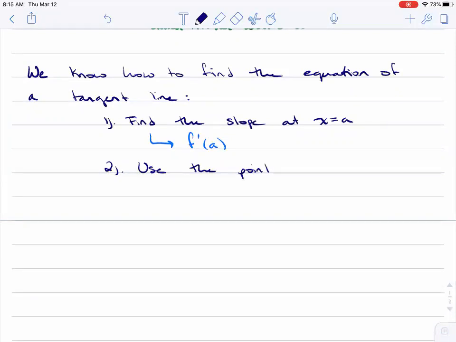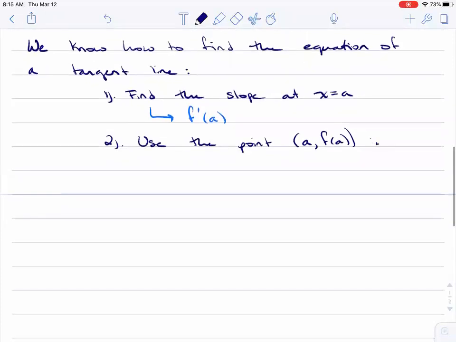Use the point a, f of a in the point slope form of a line, because now I've got a slope and a point.